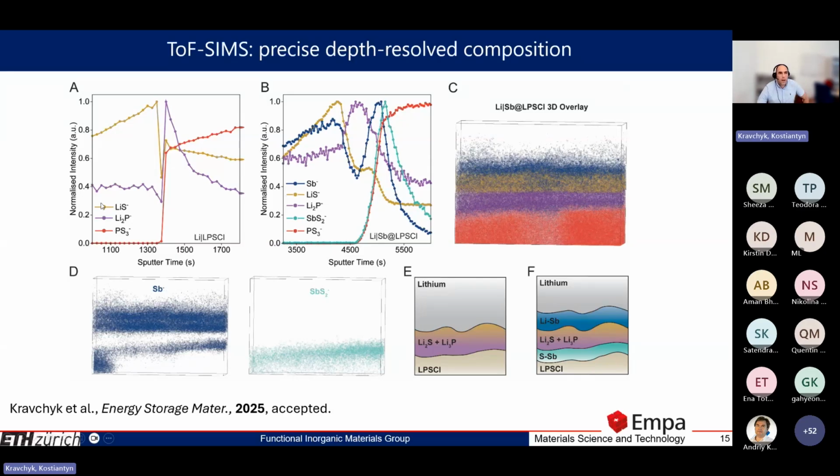And by doing these maps, we could identify the chemical composition of the surface of these interfaces, and then connect it to the mechanism of improvement of the electrochemical performance, generally speaking.